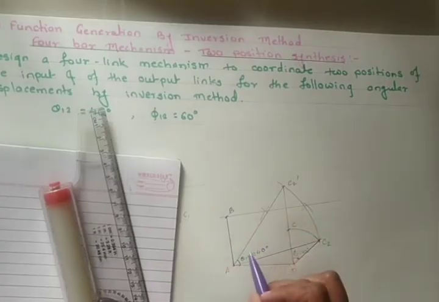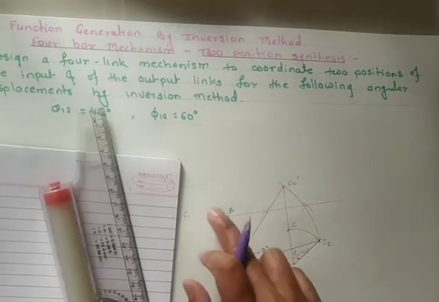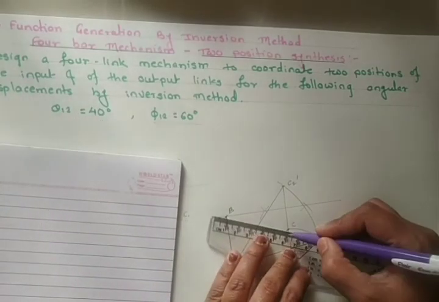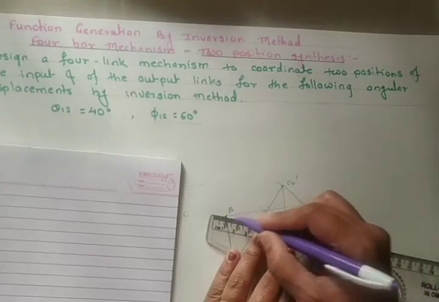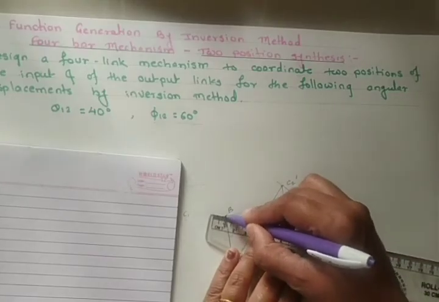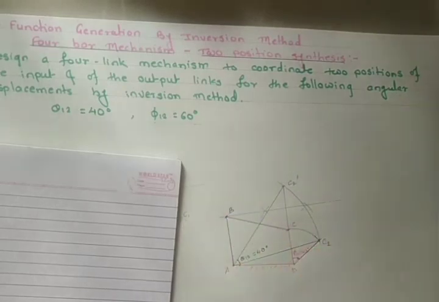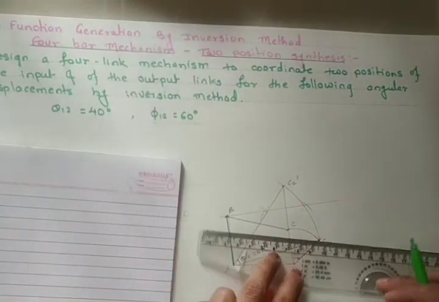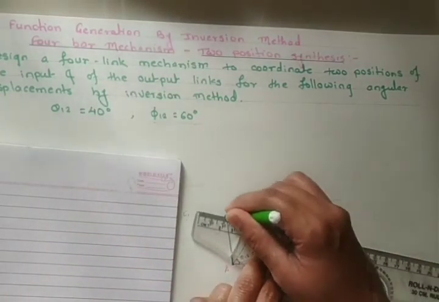But right now we have only 2 angles, that's why I am marking this point B arbitrarily, and then just connect B to C. So this is your 2-position 4-bar mechanism by inversion method.